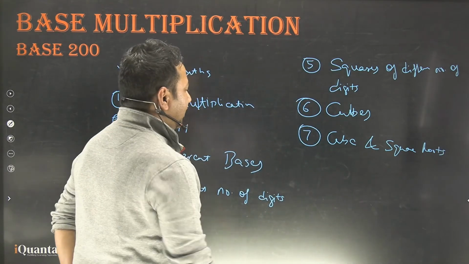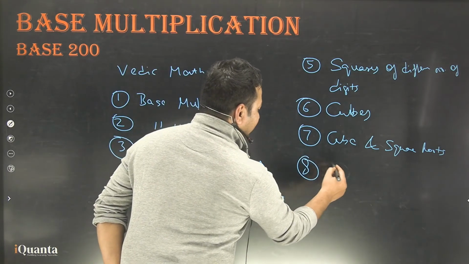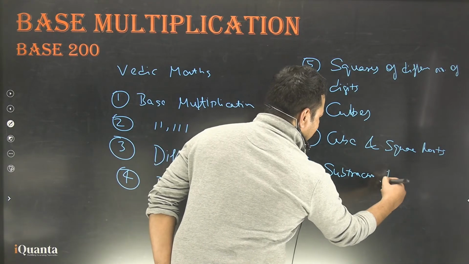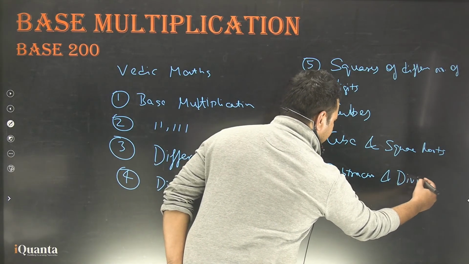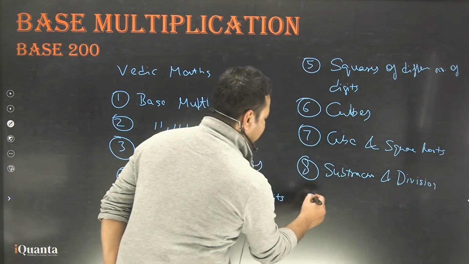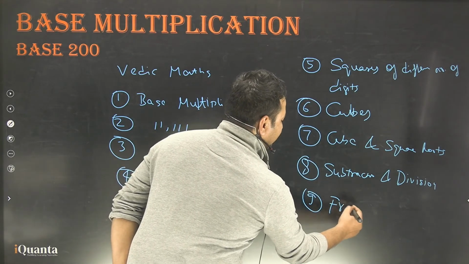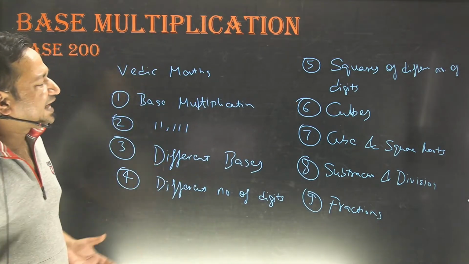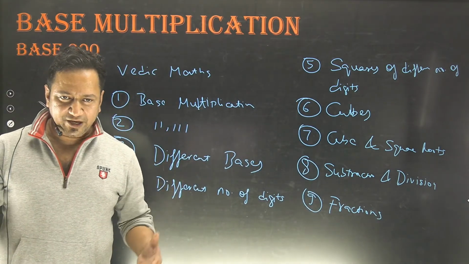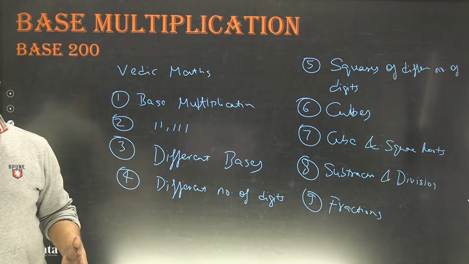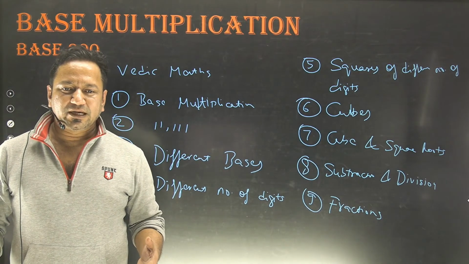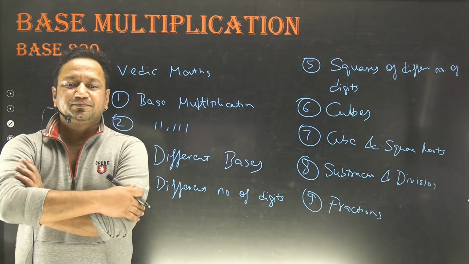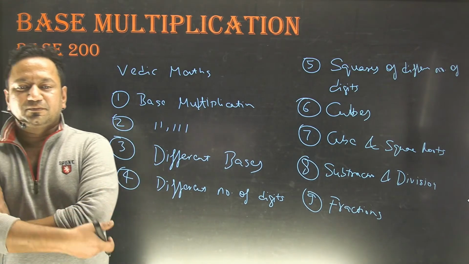After that, we'll be doing subtraction and division. Ninth will be a bit of fractions. So basically, we'll be covering these 9 different theorems of Vedic mathematics in upcoming sessions. All right.